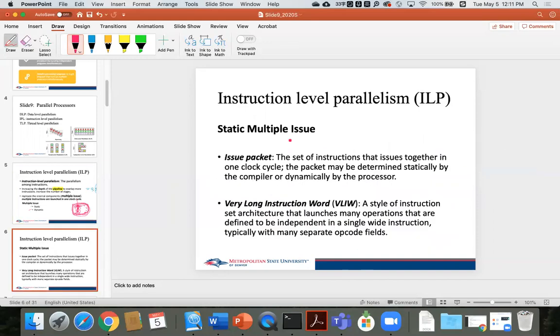The static multiple issue computer, just as in the previous figure I drew, you select a group of instructions to execute together, right? And they could not have any data relationship or dependency. So this depends on your compiler. We could definitely do a good job selecting.